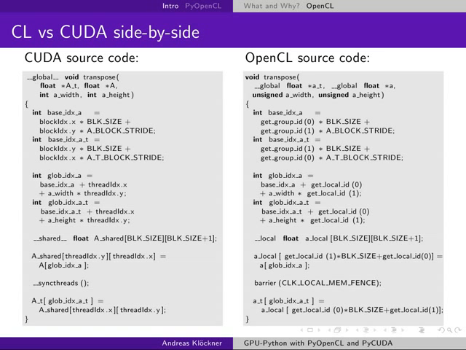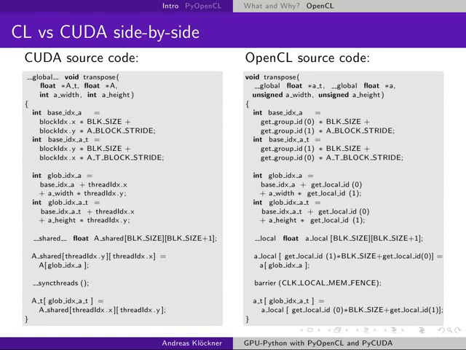If you squint a little bit, you'll be able to see that these two programs, on this side is some OpenCL source, on this side is some CUDA source, actually look pretty much exactly the same. You need to change, say, threadIdx.y to get_local_id(1). Big deal. It's really conceptually not very far, right?